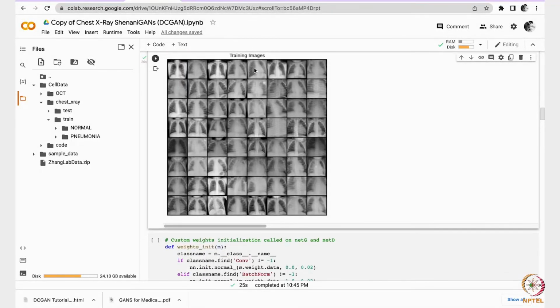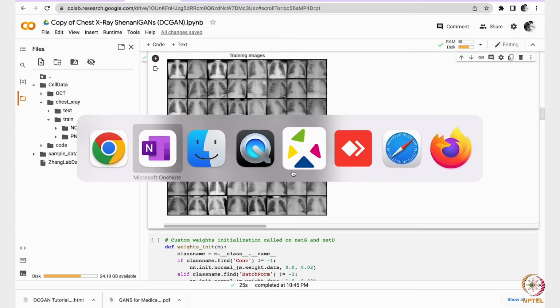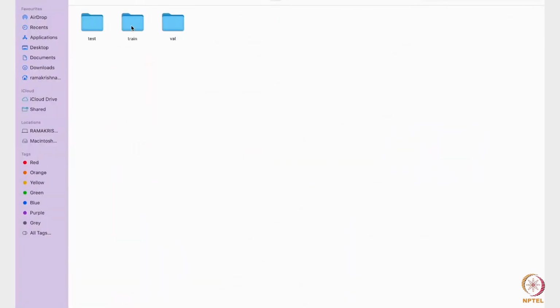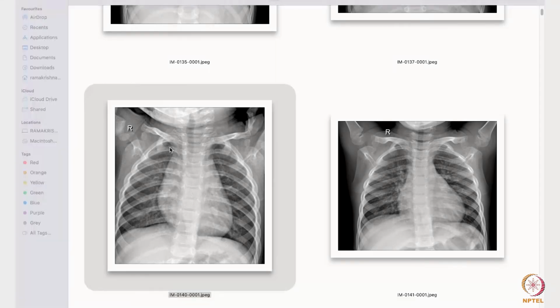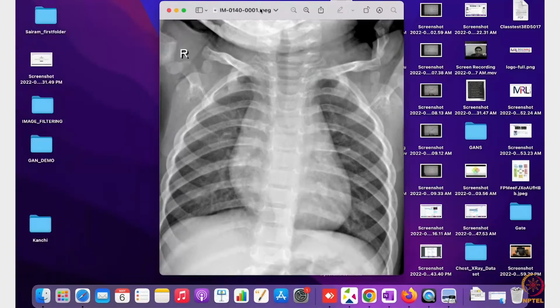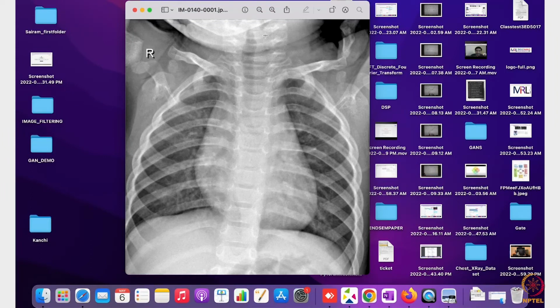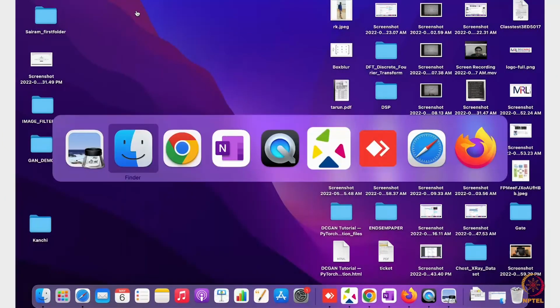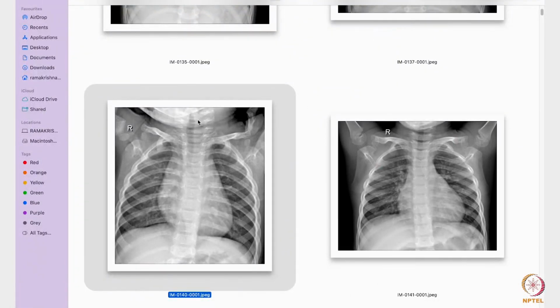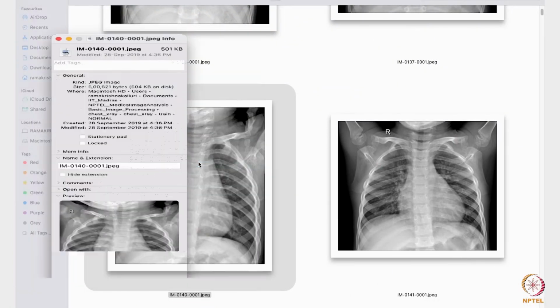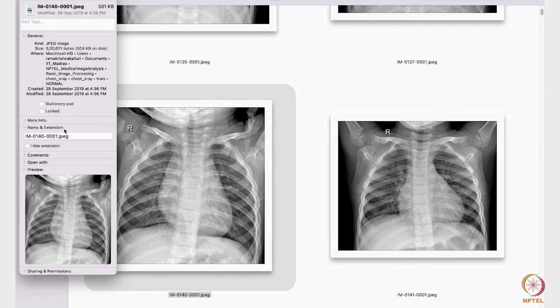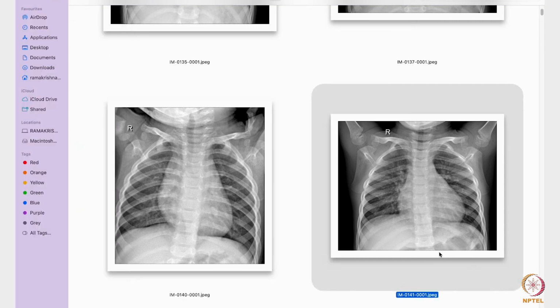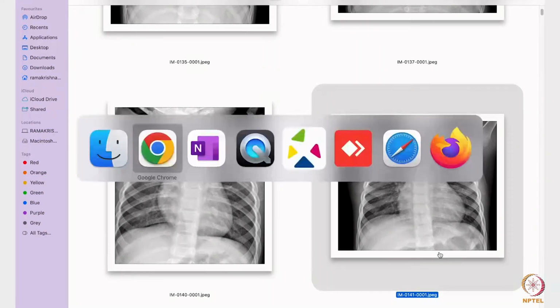See here, all are chest X-ray images. Their original images I will show you. See here, inside the train data, a normal image. This is very huge in size. They are above 1,000, I think, the size of the image. Just check once, number of pixels. Info. Anyway, I have seen this one. Every image contains some 1000 by 1292 or so, like 4-digit numbers only, for both rows and columns.